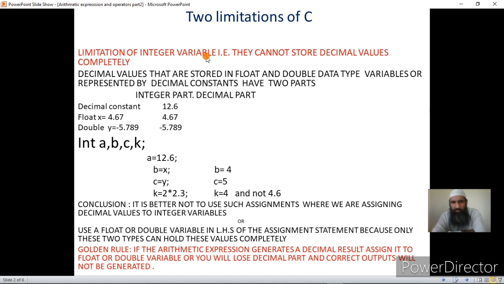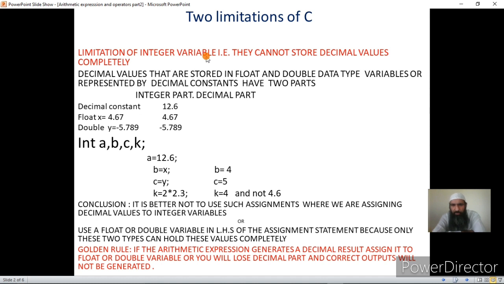Now decimal values are represented by two things: either decimal constants, or the values that are stored in float and double, because float and double store decimal numbers, that is, numbers with a decimal point. By float and double I mean variables of the type float and double, that is, memory locations whose data type is float or double.